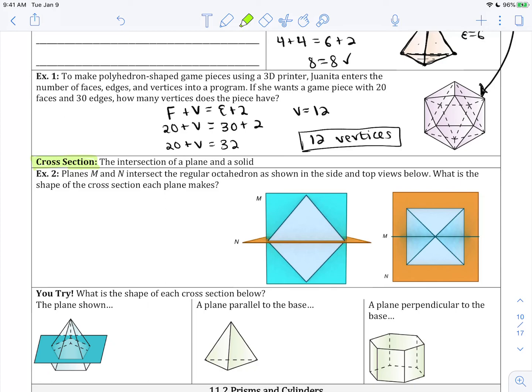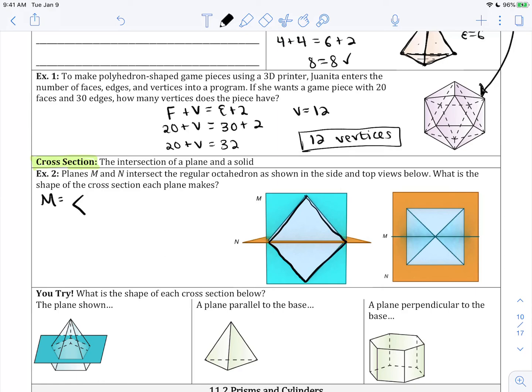So let's look at this. Planes M and N intersect the regular octahedron as shown in the side and top views. What is the shape of the cross section each plane made? Well, let's first look at M. Okay, so M cuts it, and we are getting this shape, right?